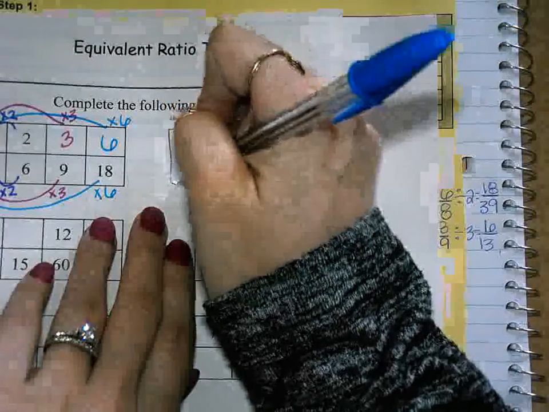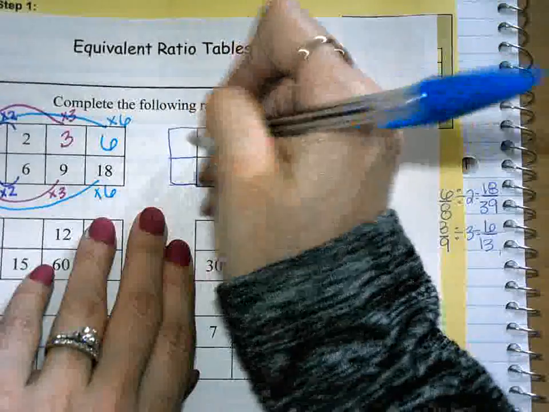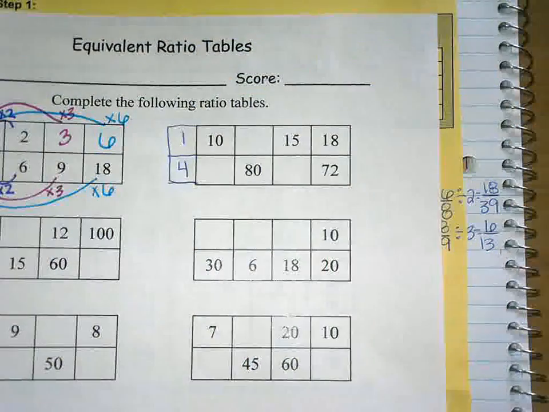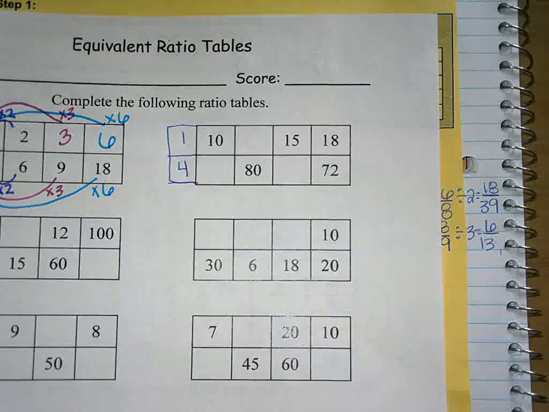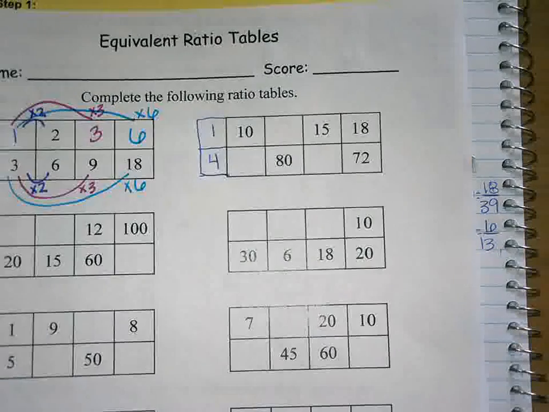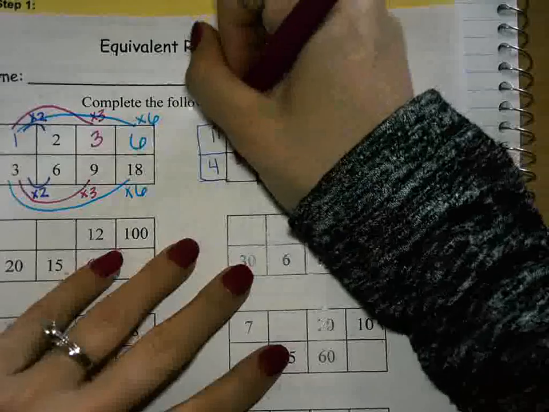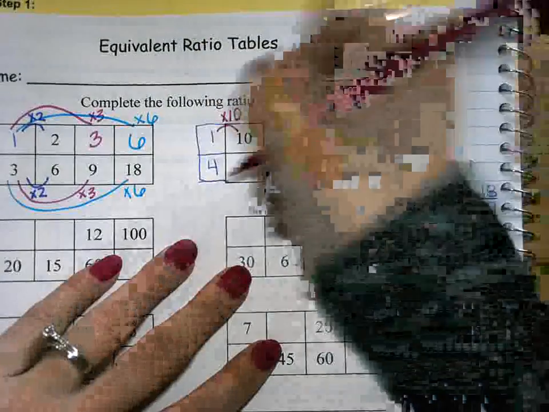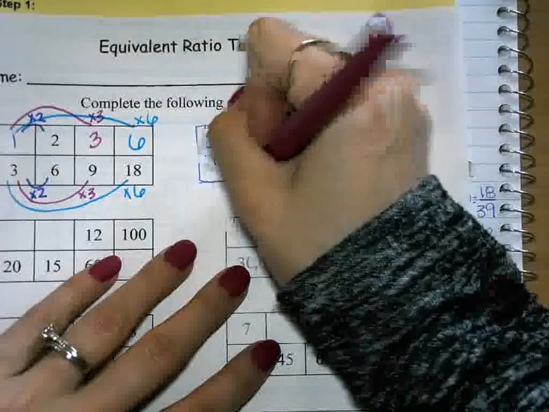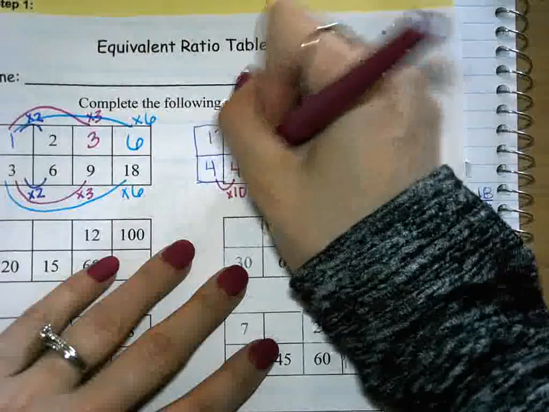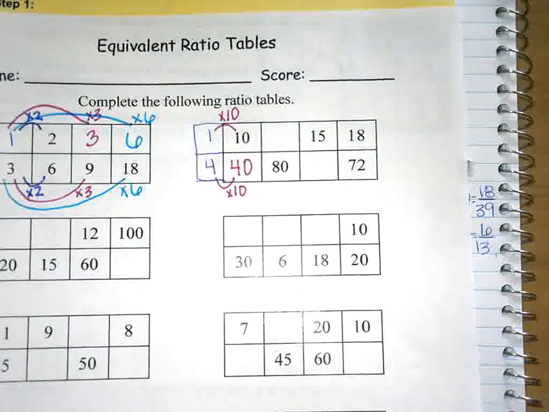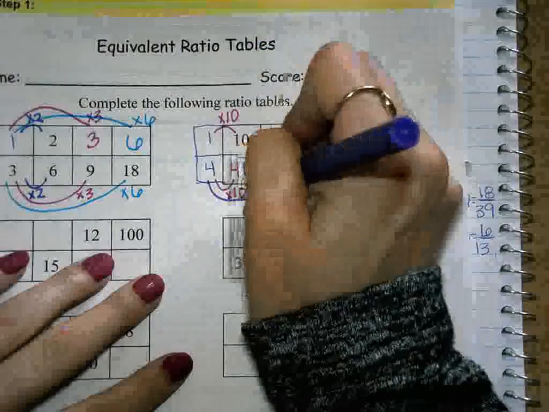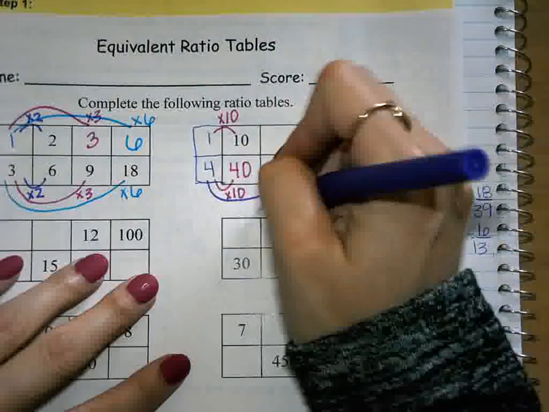If I look over here, I don't have 1/4 written anywhere. So I'm going to add in an extra box, and I'm going to write 1/4, because I want to match everything with the simplest version. It's the easiest way to do it. Because then I ask myself, well, 1 times what is 10? 1 times 10 is 10. So that means I have to do 4 times 10, and 4 times 10 is 40. Then I do the next one. 4 times what is 80?